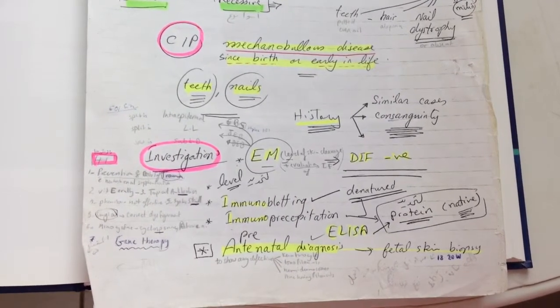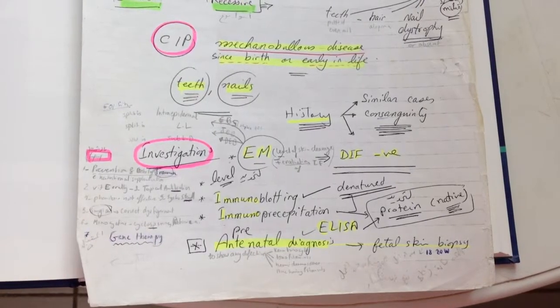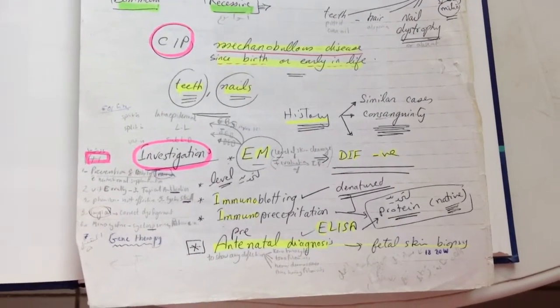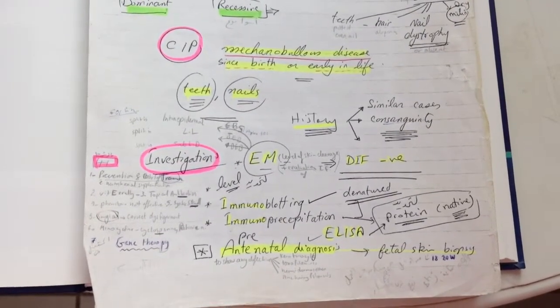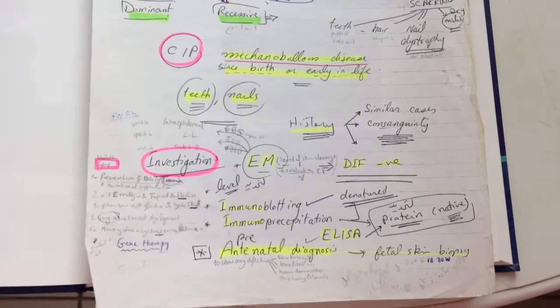There is no real treatment, but there is prevention and control of trauma with nutritional supplementation, oral vitamin E, topical antibiotics, phenytoin not effective, systemic steroids, surgery to correct disfigurement, minocycline, cyclosporin, retinoic acid, and the hope is in gene therapy.